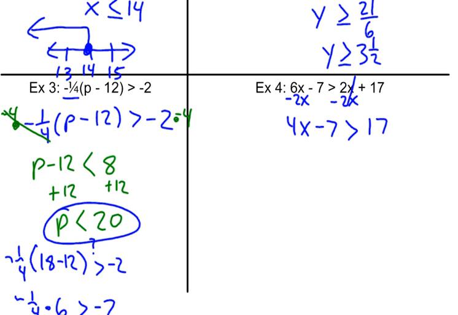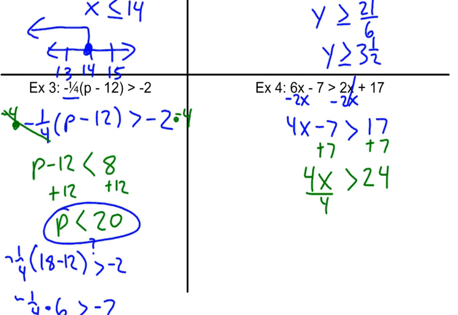Next, we need to get the constants to the other side. So let's add 7, left with 4x is greater than 24. We did not switch the sign because that was just addition. We don't switch the sign if we add.